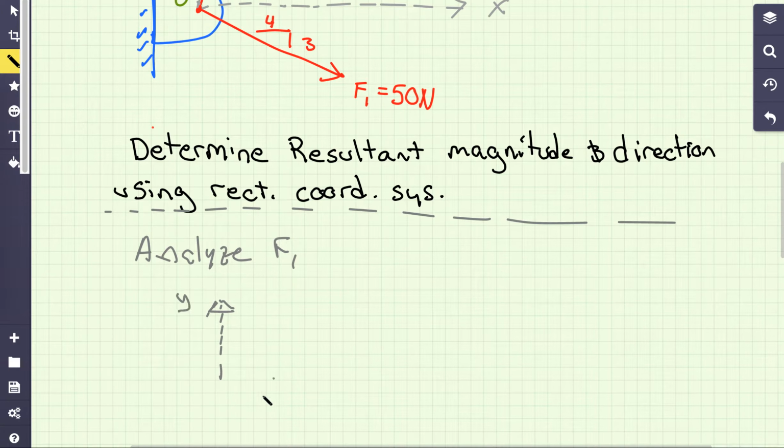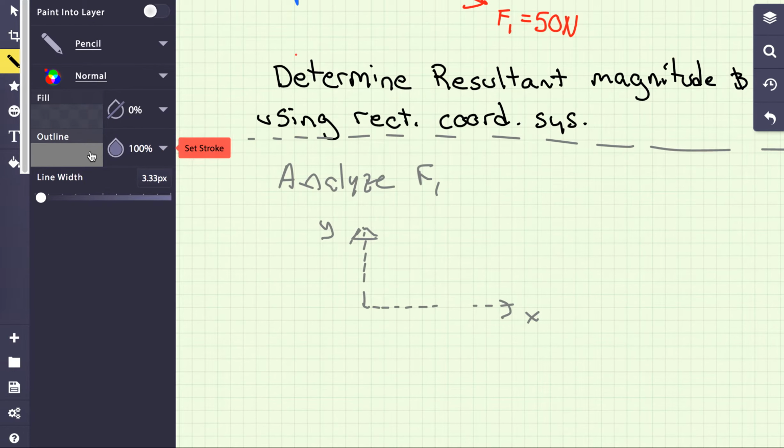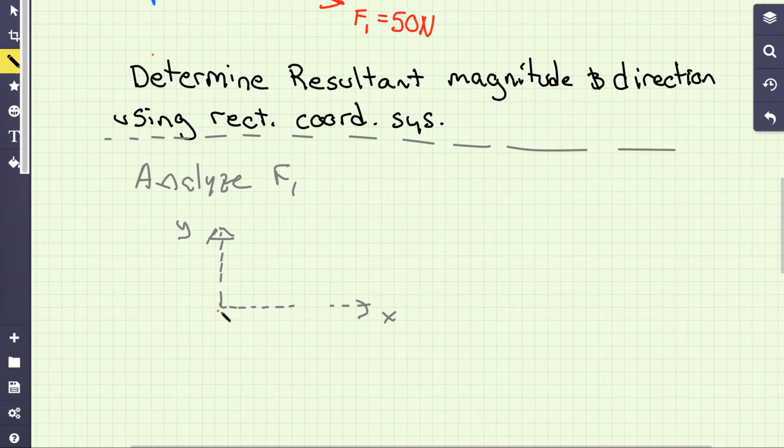We have the y-axis and the x-axis. So we know that F1 is going to be somewhat like this. F1 is 50 newtons.